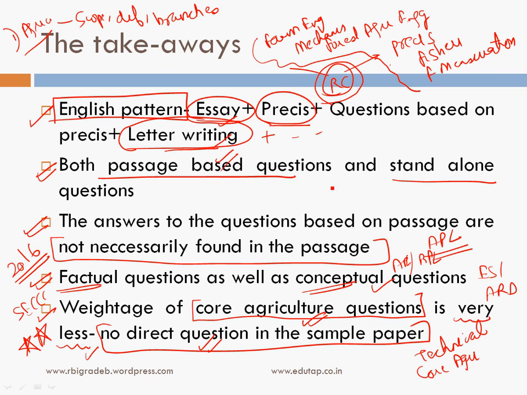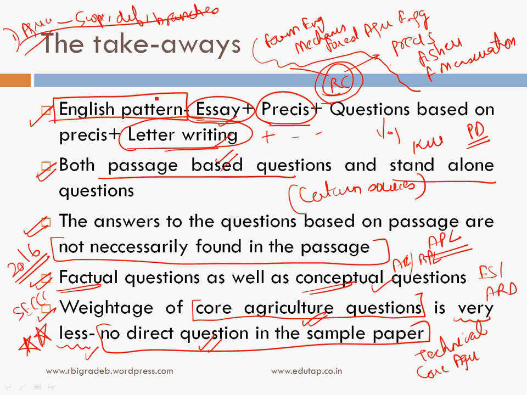Right? You have to prepare certain sources, certain reports, right, like the economic survey, the budget, the Ministry of Agriculture annual reports, the Ministry of Rural Development annual reports, the various Yojanas, the various Kurukshetras, the Pratiyogita Darpan Special Economy Edition. These are the sources that you have to prepare first. After that, if you get the time and the will, then you can come to the core agriculture topics, right?